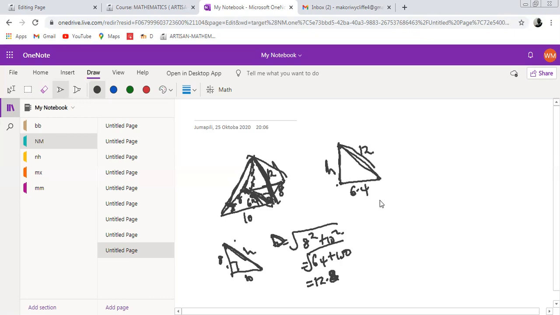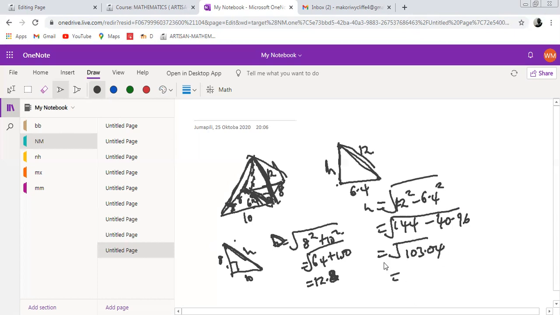So the height will be the same as the square root of 12 squared minus 6.4 squared, which is the same as 144 minus 40.96, which is the square root of 103.04, which is the same as 10.15. That is the perpendicular height.